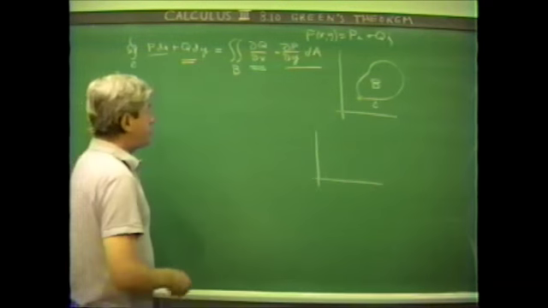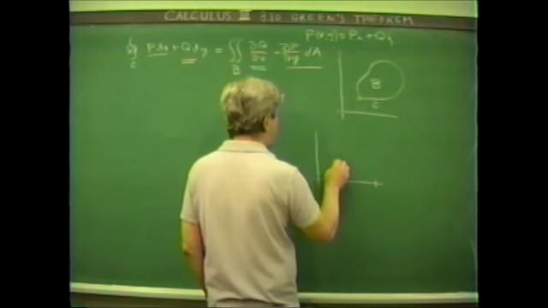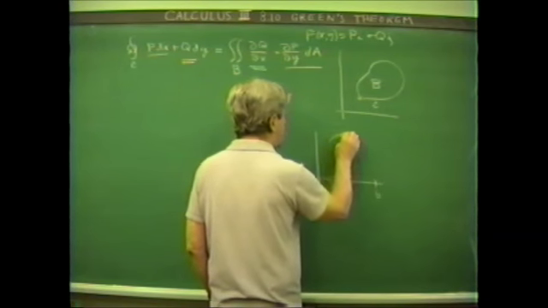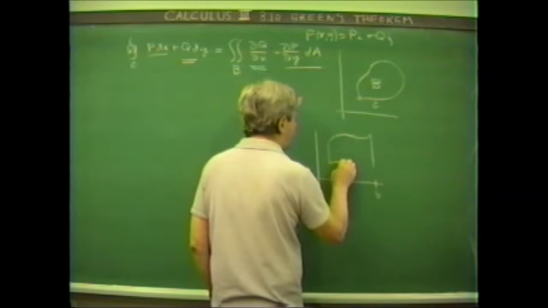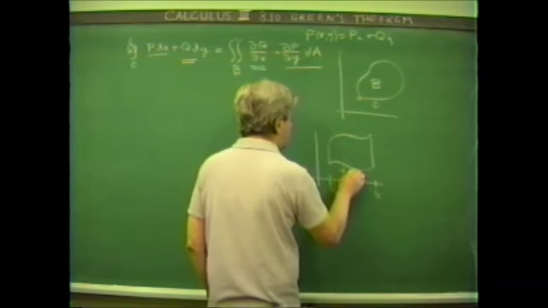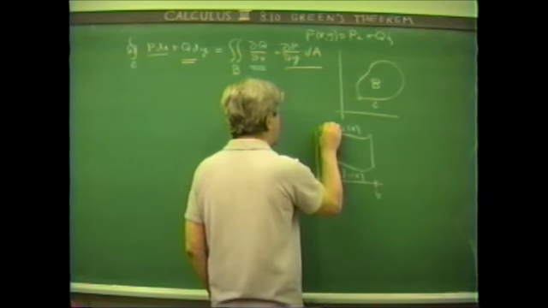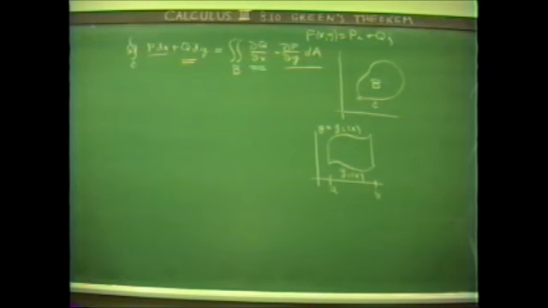All right? The first situation here that we want to look at is when the region is a simple one. That's to say it's between a and b, and it's bounded by g1 of x and g2 of x. So this is from y equals g1 of x to y equals g2 of x.